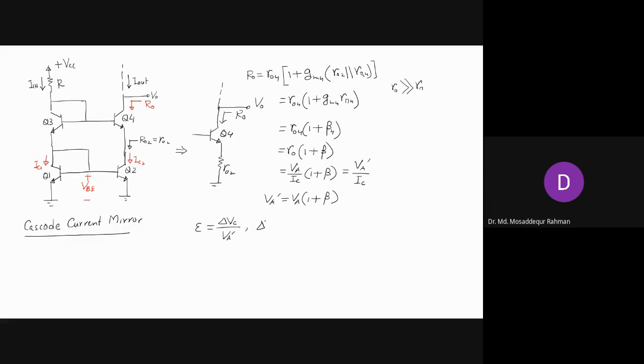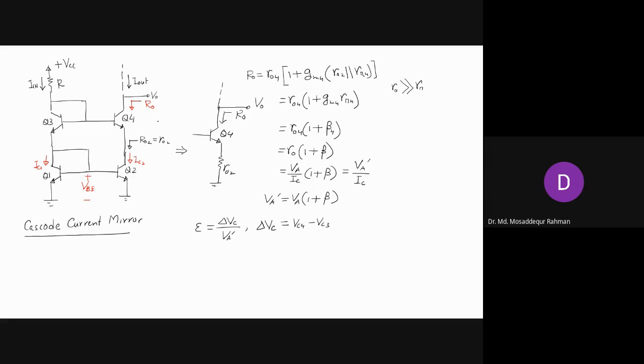And what is del VC in this case? So V naught minus 2 VBE. So del VC, first we can write VC4 minus VC3.